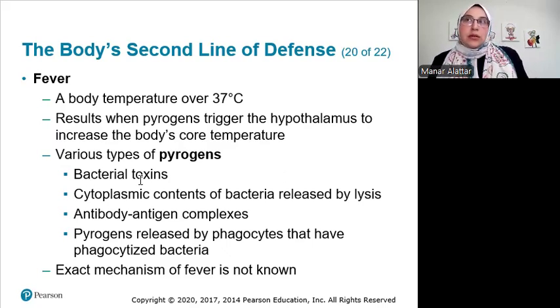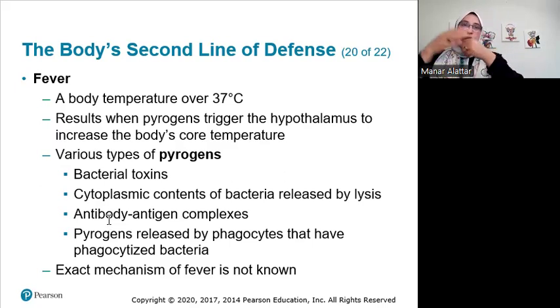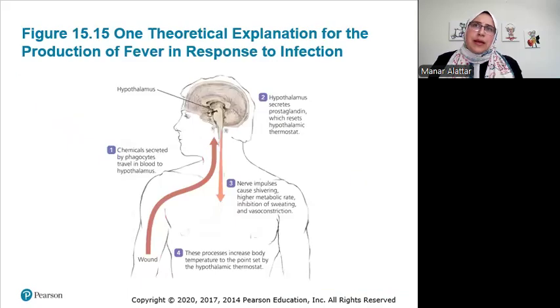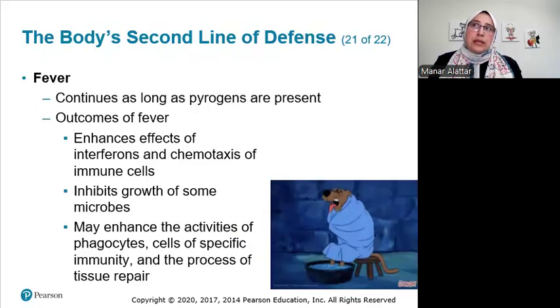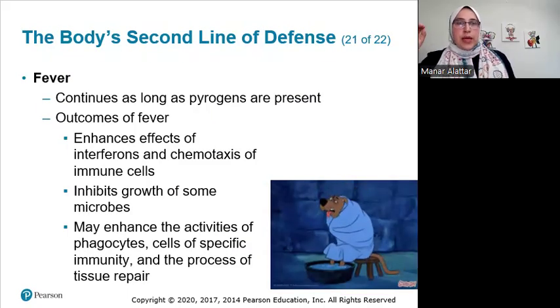These could be bacterial toxins, different types of contents released from bacteria that are being degraded by our immune system. It could be antibodies within our antibody-antigen complexes, or other different types of chemicals that are released as our white blood cells break down invaders. The exact mechanism is not clear, but what is clear is that there's an increase of temperature.